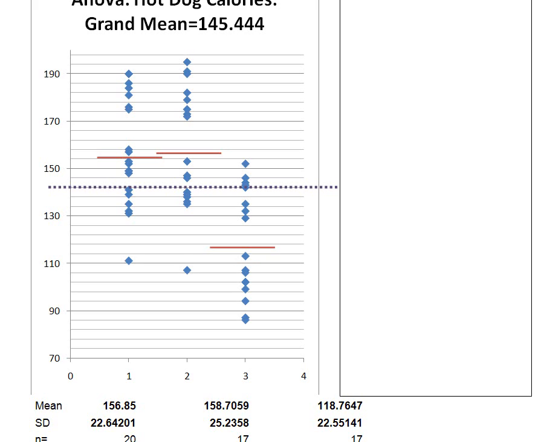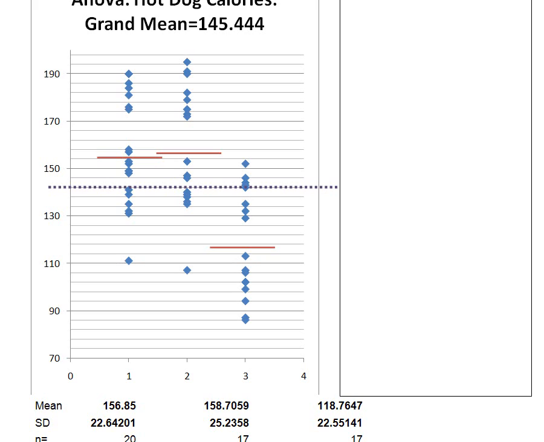Now a simple way to do this, since the overall mean is 145.44, is to just say, well, here we have 20 hot dogs, and the difference between the group and the overall mean here is 156.85 minus 145.44, just this distance. But there are 20 data points.